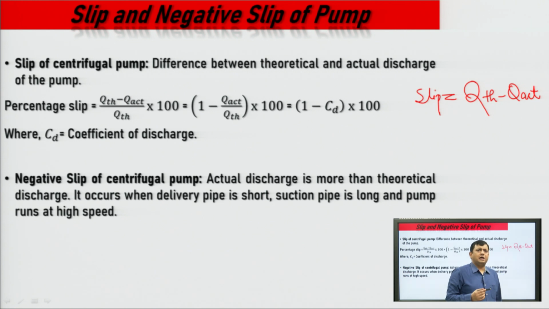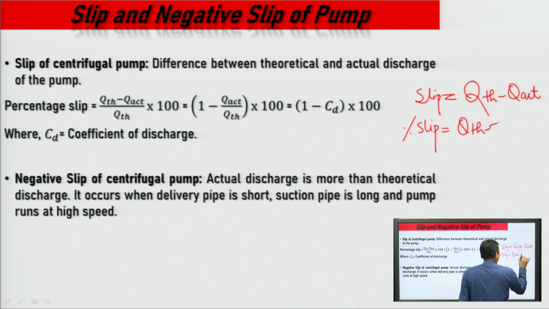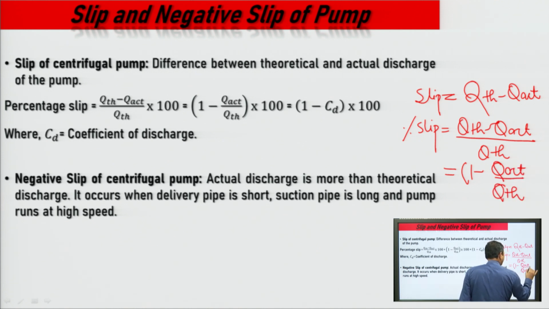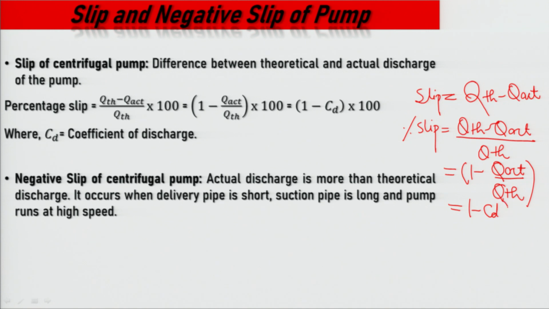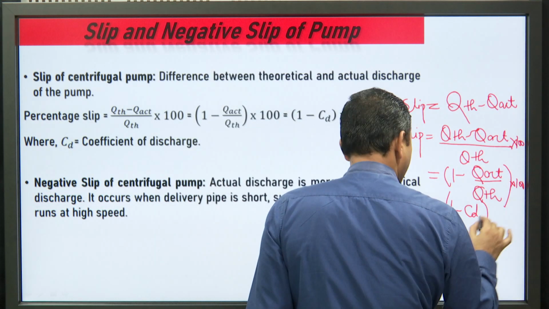Generally this slip is defined as percentage slip. What is the percentage slip? Q theoretical minus Q actual upon Q theoretical, so we can say 1 minus Q actual upon Q theoretical. This is known as 1 minus CD, and because it is a percentage, into 100.